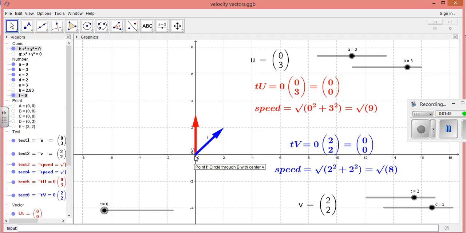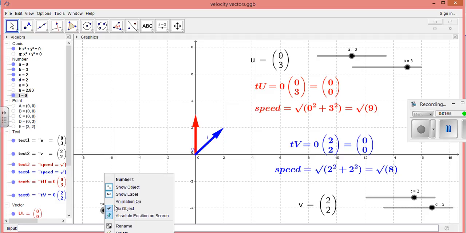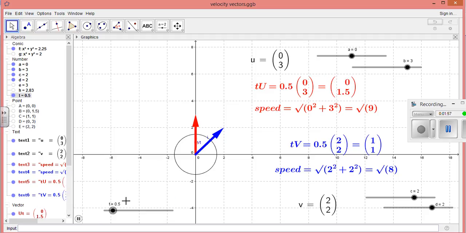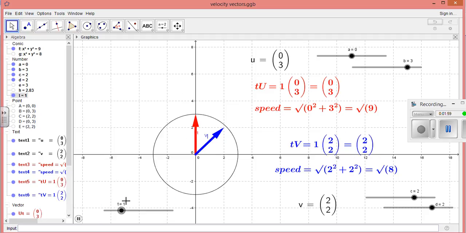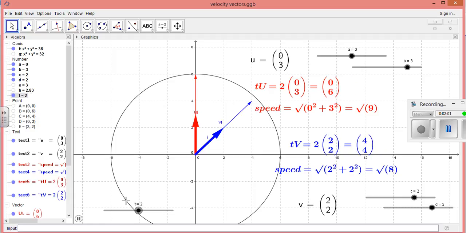So we have a particle positioned at the origin, and its position is determined by a scalar multiple of the velocity vector, but the scalar multiple is time. So the question is, which particle is moving fastest?